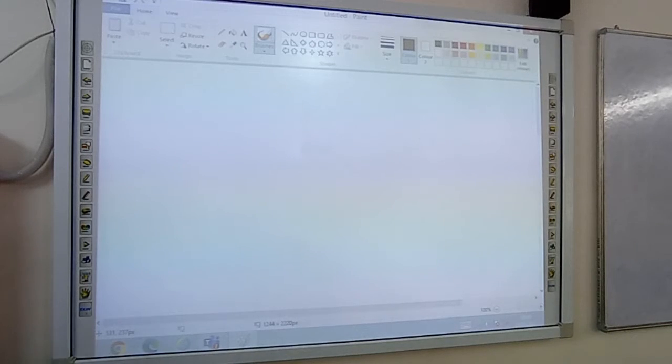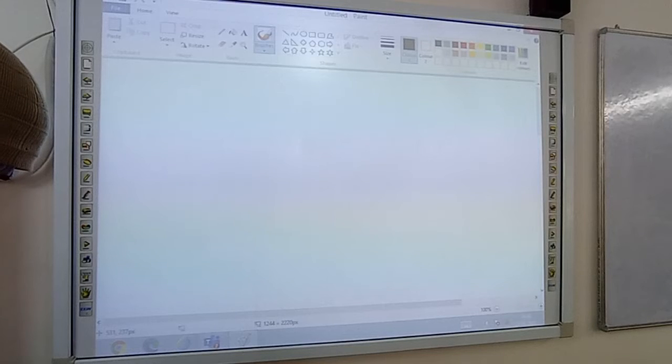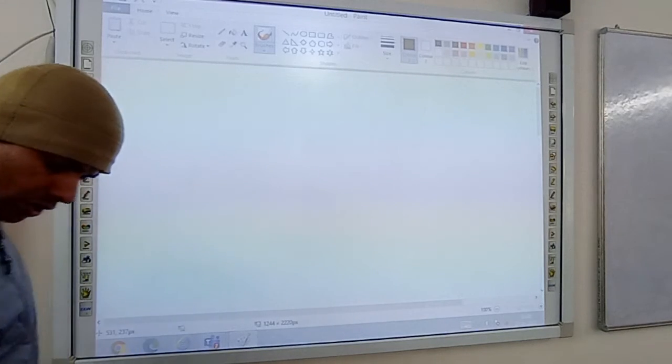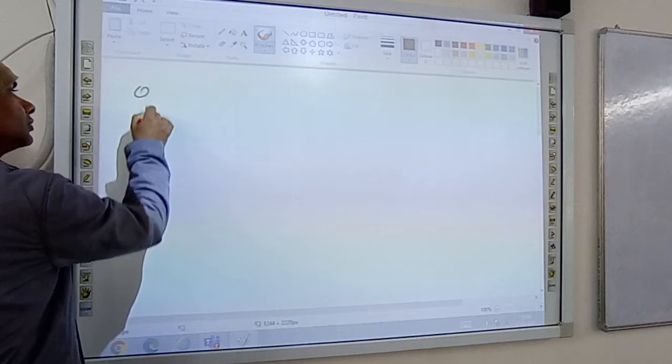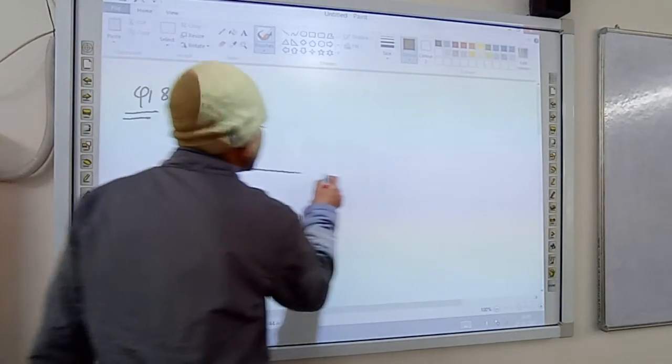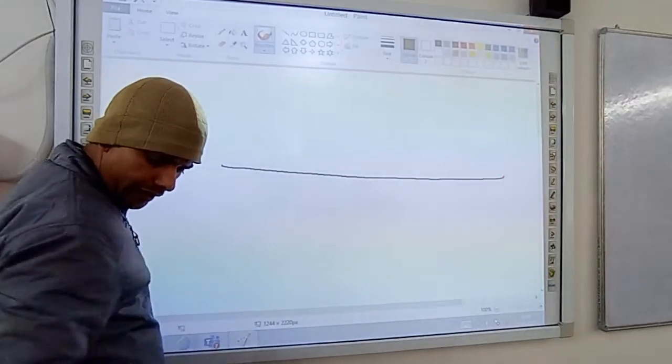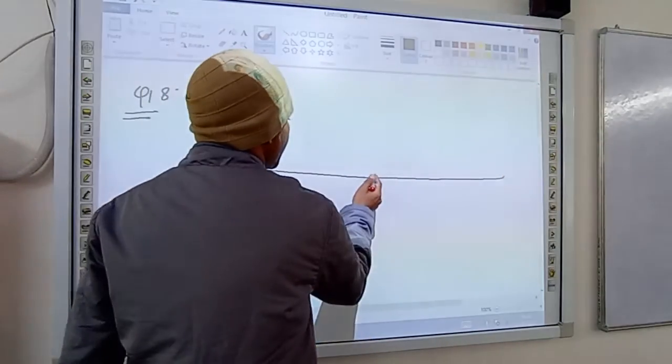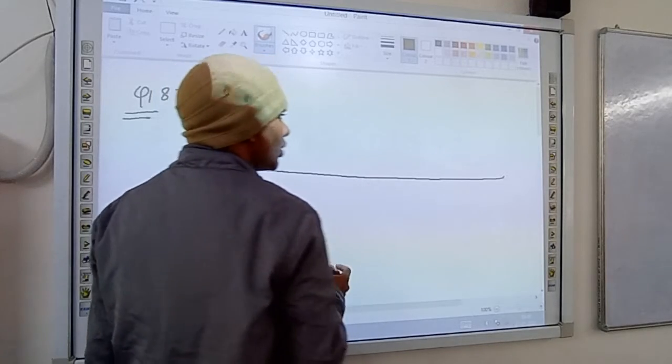Total length of such a spiral made of 13 consecutive semicircles. Now, the lengths of successive semicircles are l1, l2, l3 with centers A and B respectively. Question number 18. Okay, now we will draw a spiral.